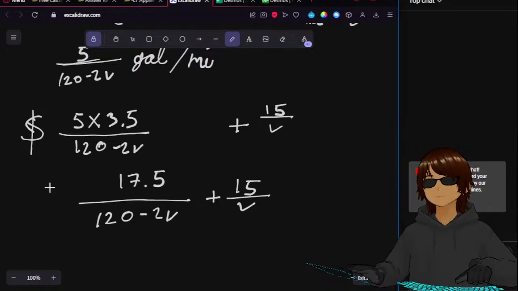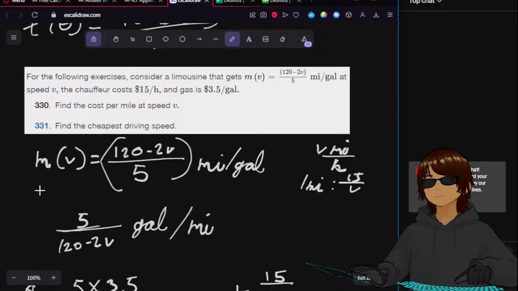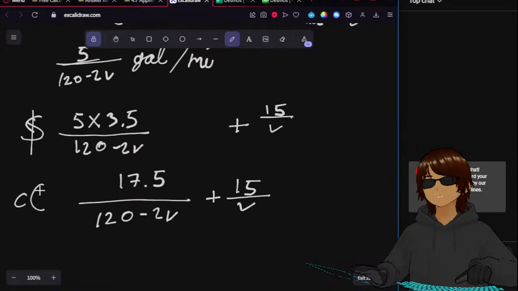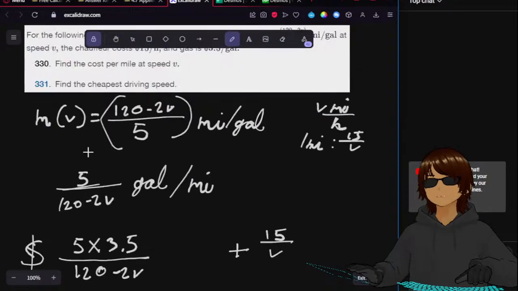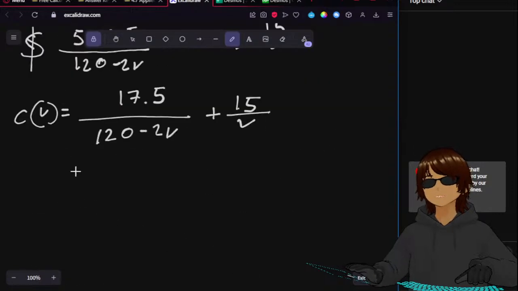Now what? The cost per mile at speed v is this much. Now cheapest. So when the derivative is 0.